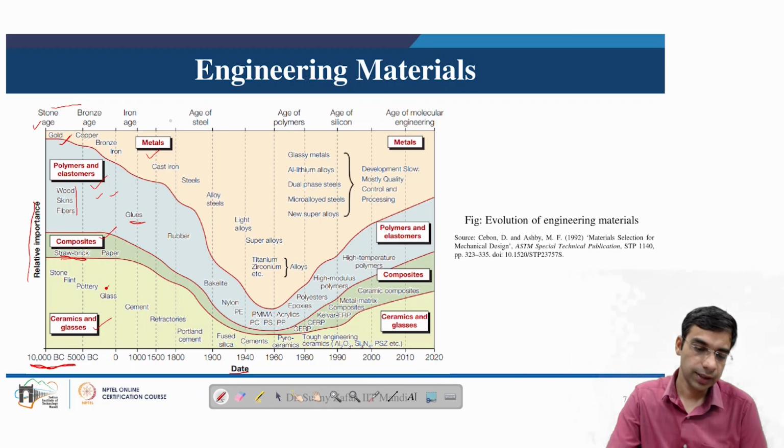So this time was around the industrial age, where the emphasis was more on ferrous-based materials like cast iron and steel. And we can see the relative importance of metals drastically increased compared to the previous times. Rubber was also invented during this time, and more refractory ceramics were also developed.